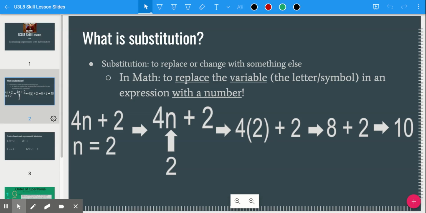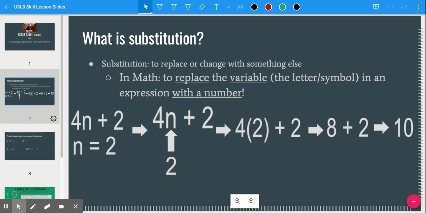If you'll remember, when we have variables, that means that the value is unknown, versus if we have a known value, we don't need a variable. So you can use substitution to pick a value when you have an unknown value, which is when you would use a variable.